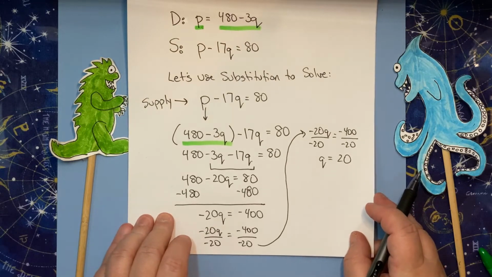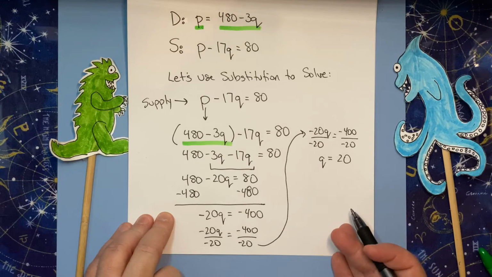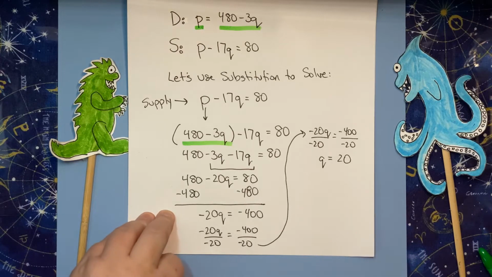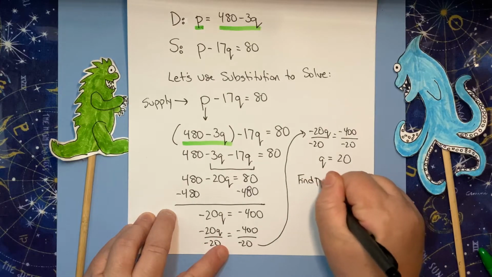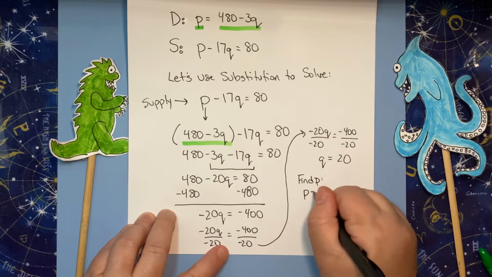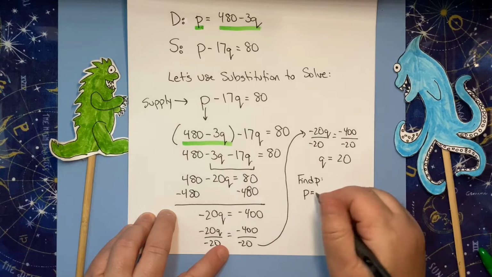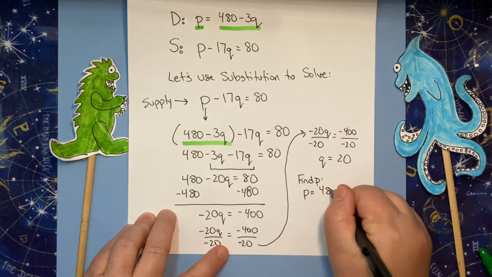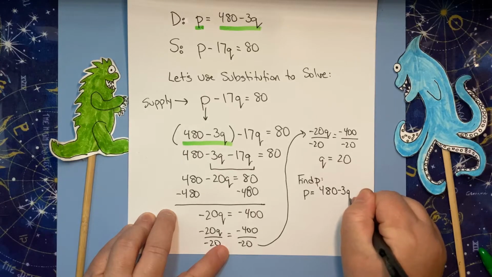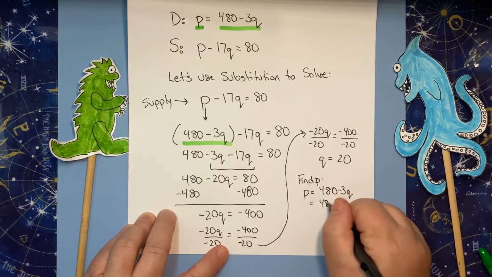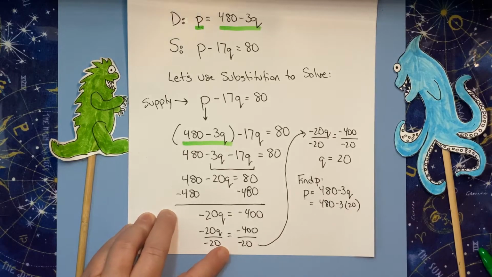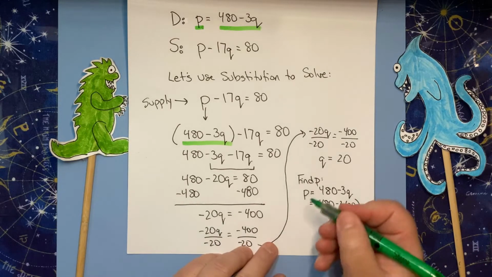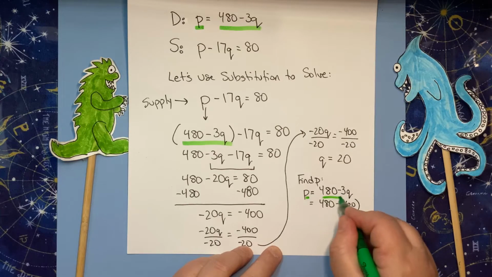Now, because this is a system of equations, and each equation has two variables, not just Q, but also P, I have to find P. But I have an equation, the demand equation, that came out of the green one. It's 480 minus 3Q. So I plug in the Q, which is 20, and just to help you remember, this came from the green.